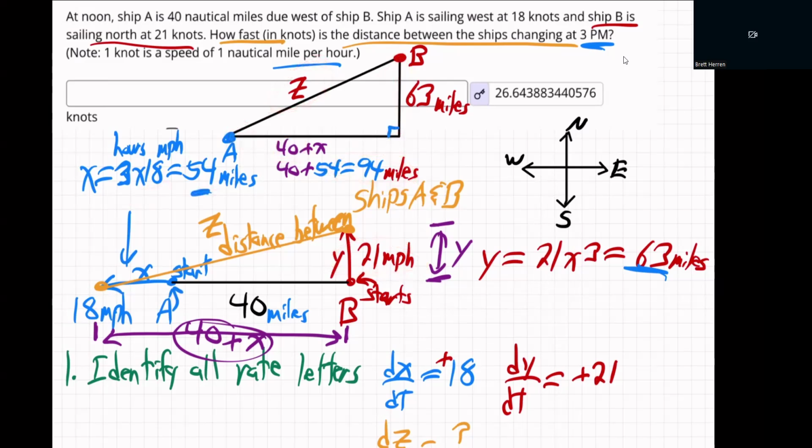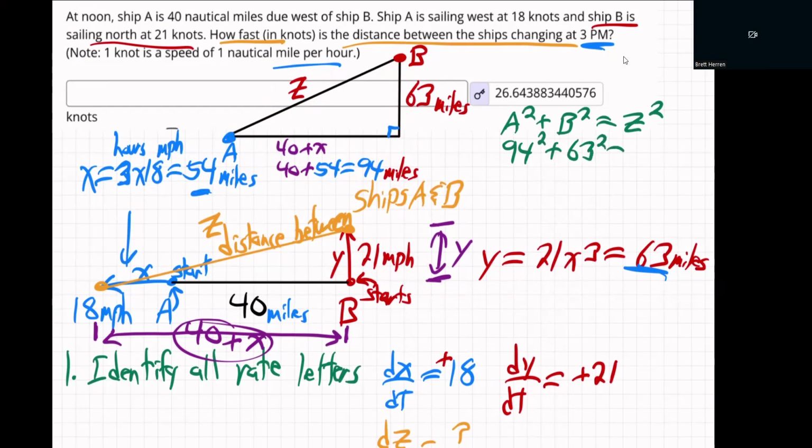How do I find that? Well, a squared plus b squared is c squared. In this case, a squared plus b squared is z squared. So we got 94 squared plus 63 squared is Z squared.